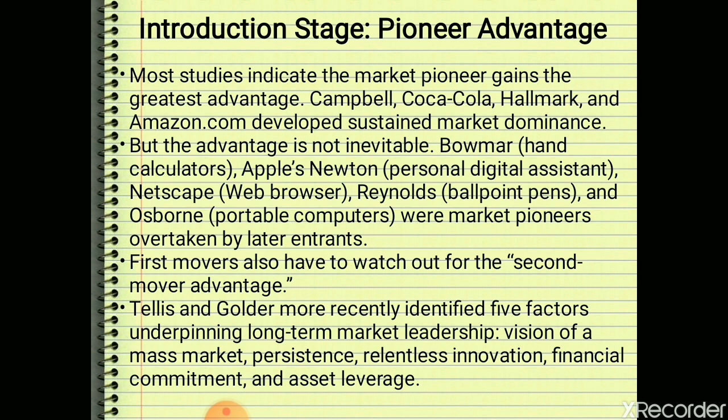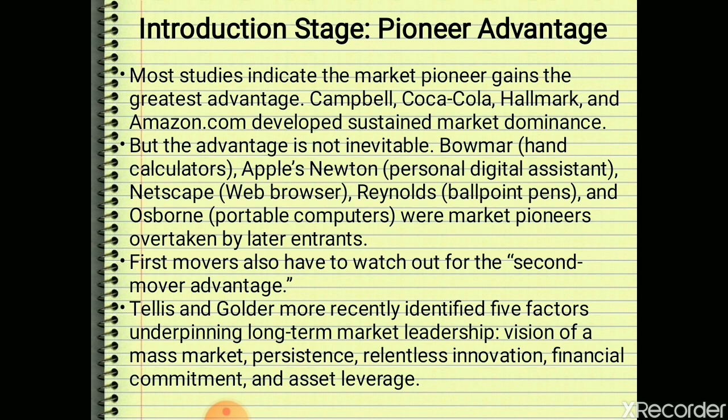When a company enters the market first, it has a pioneer advantage; it is the pioneer in that specific industry. What kind of benefit may that pioneer company have? Companies like Campbell, Coca-Cola, Hallmark and Amazon have a huge market, so they can get maximum market share and they also get dominance.